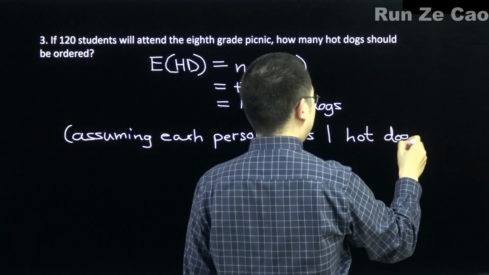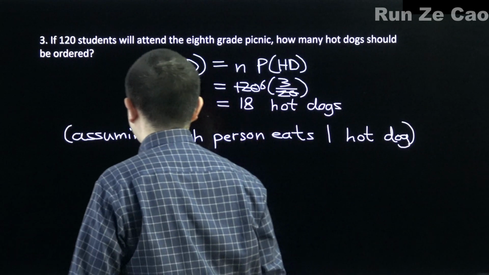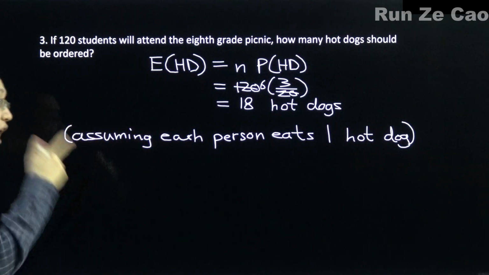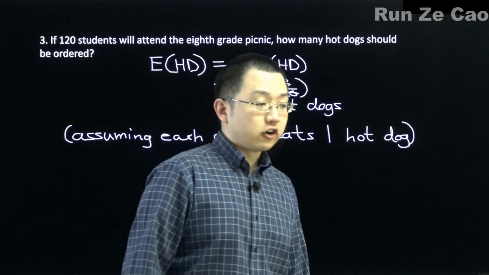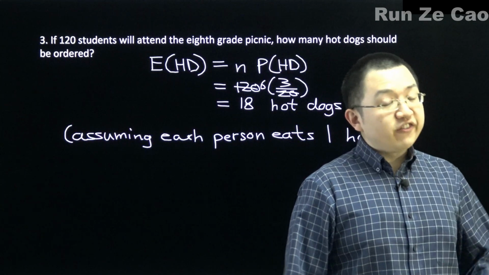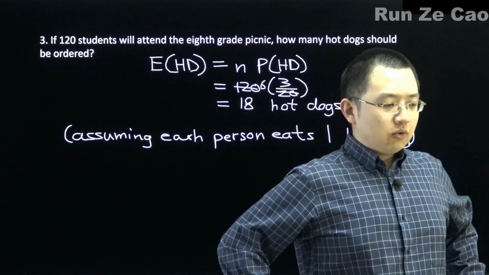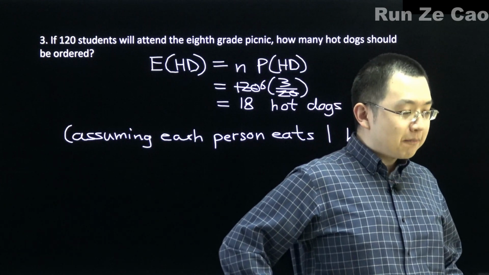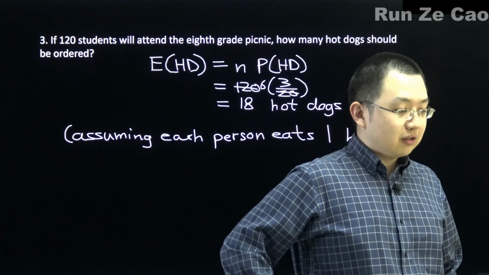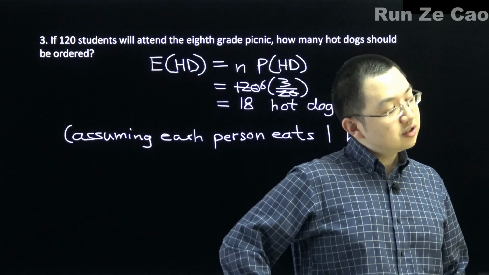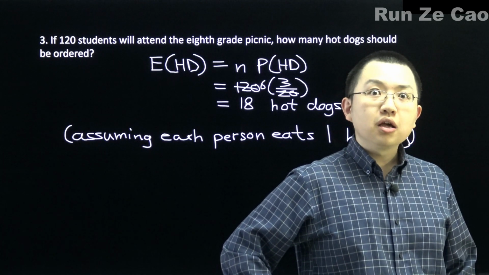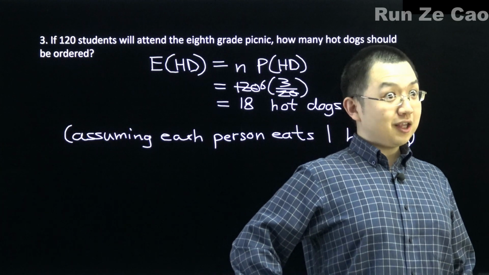This is, of course, a very, very, very sketchy assumption depending on the size of the hot dogs. After all, imagine if we did this for pizzas. Whoa, you should order 18 pizzas for... How many people are interested in eating pizzas? And how big are these pizzas?